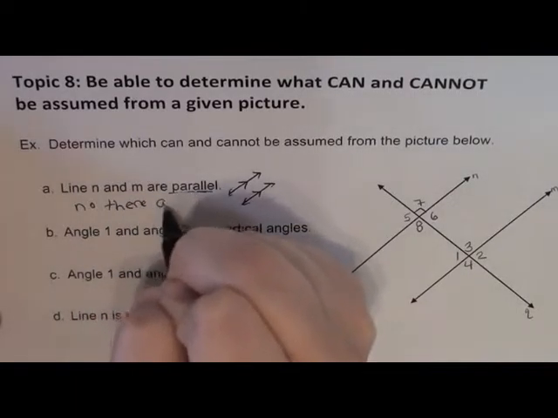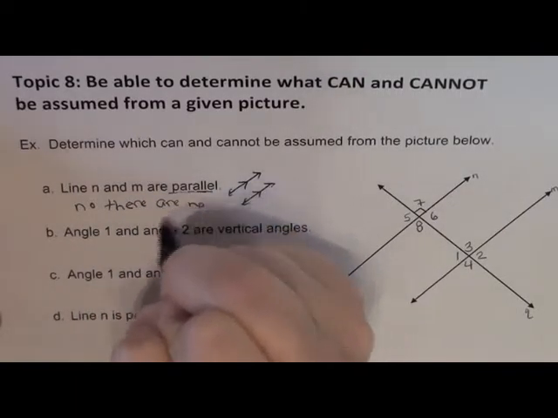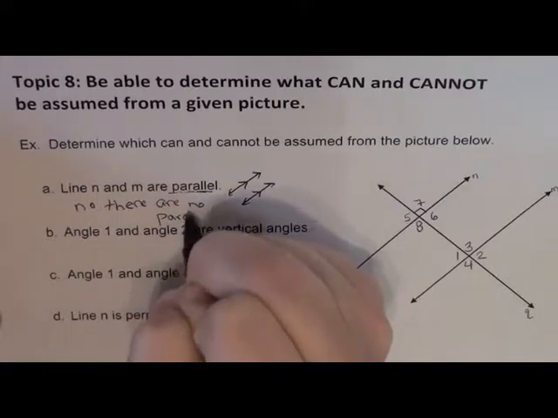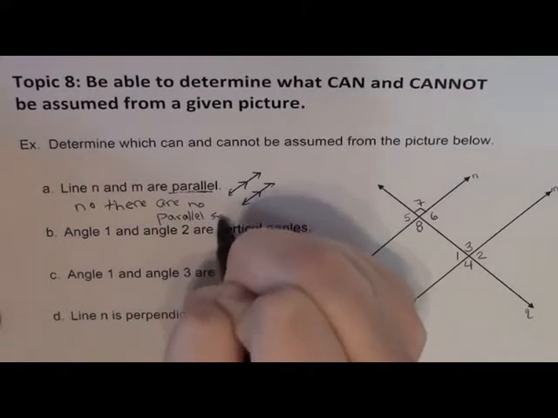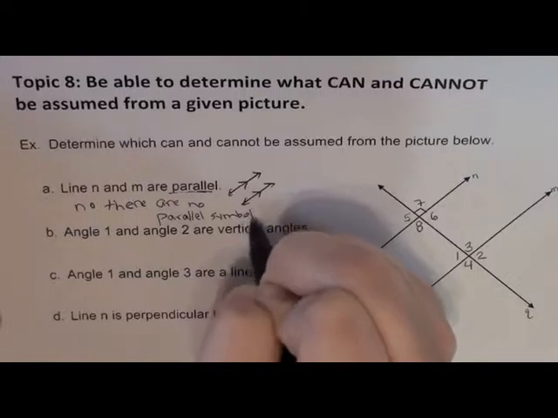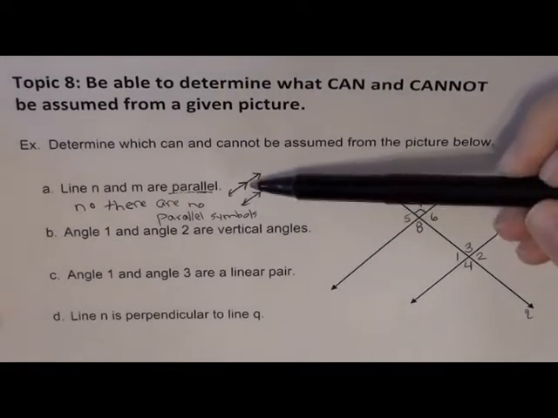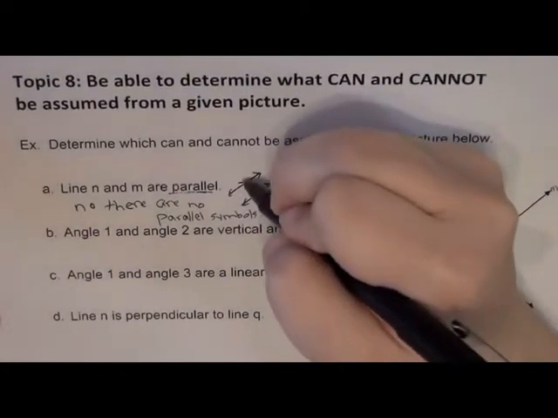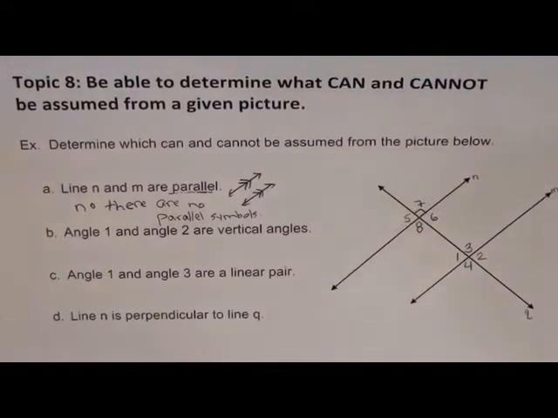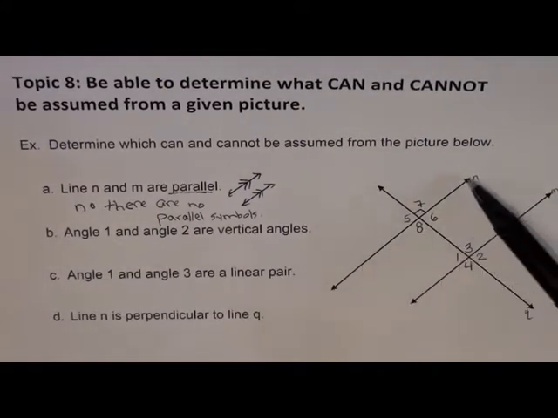There are no parallel symbols. We would need to see arrows on the lines. Sometimes they're even double arrows, 2 arrows on each of them, but here the only arrows on N and M are the ones on the ends.